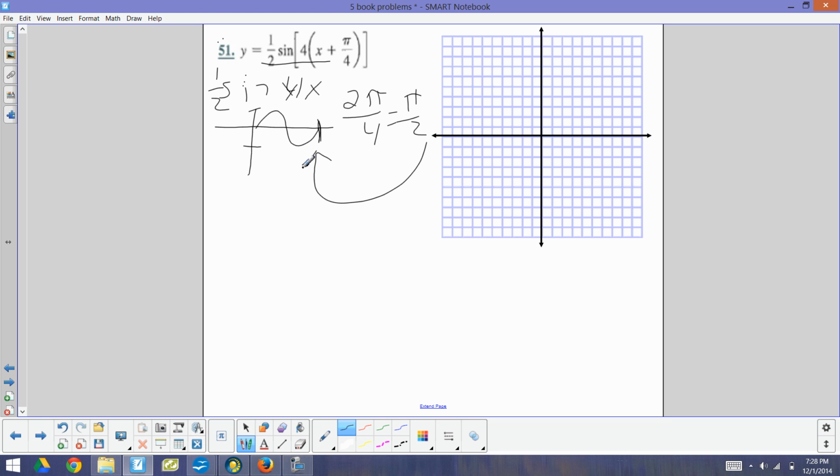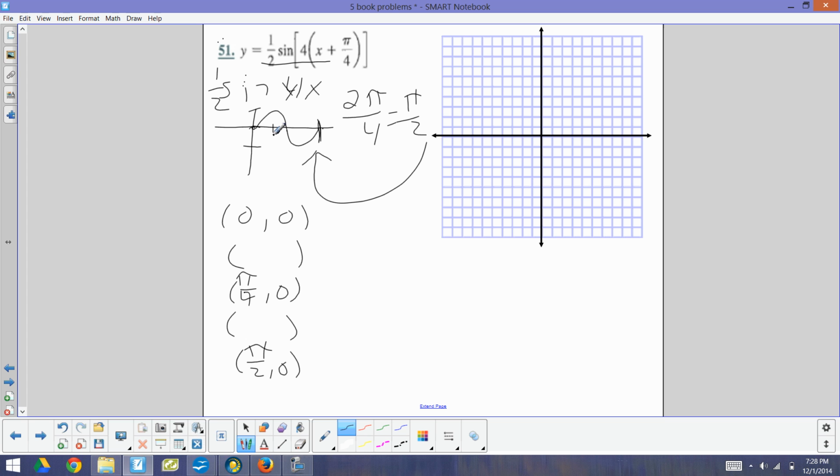So now I start with the initial points. You know that the sine curve, at the beginning, there's a 0. The middle, there's a 0, and the end, there's a 0. So there's beginning point, end point. The middle, 1/2 of a period, 1/2 of pi over 2 is pi over 4, 0.